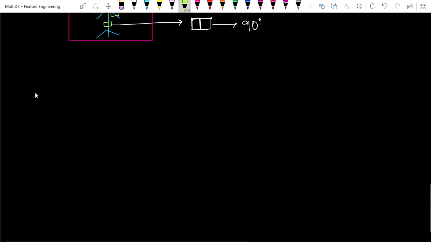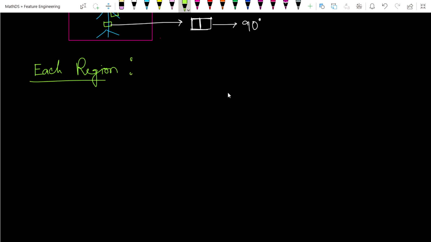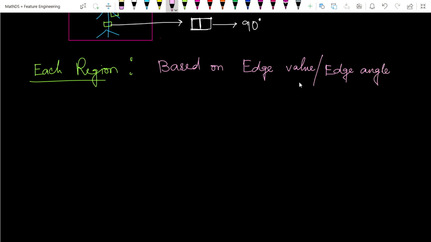So for edge regions, I am talking about edge pixels. First, based on the edge value or edge angle, we have to plot the histogram on it.